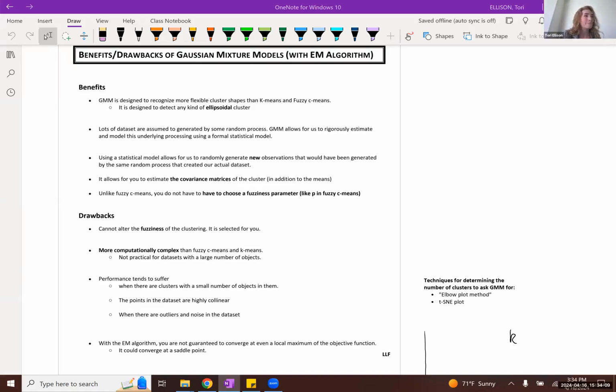No? Okay. Like I mentioned, we talked about how to apply Gaussian mixture models to the MNIST data set on Thursday. So the final thing that I wanted to wrap up with Gaussian mixture models is just some of the benefits and drawbacks.